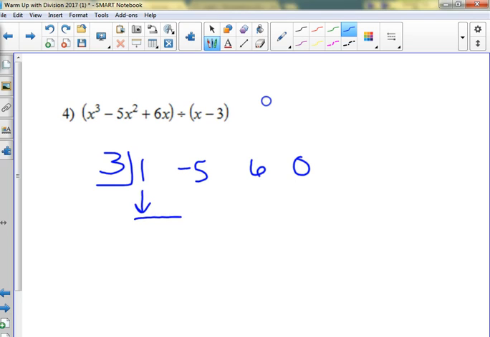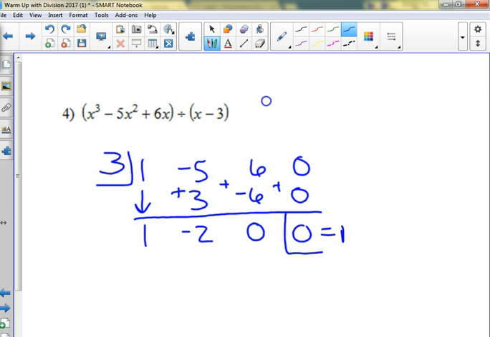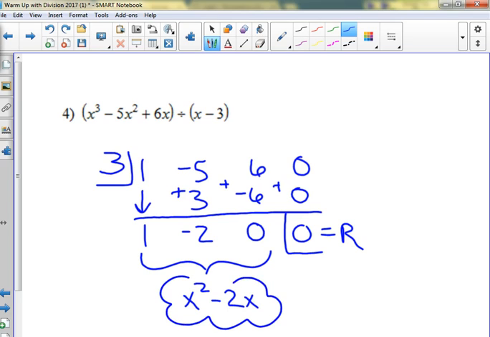Okay, so we have an x cubed, an x squared, and an x, and there's no constant, so she put a 0. That seems grand. What happened here? I like that she wrote equals r, so she remembered that was just a remainder.